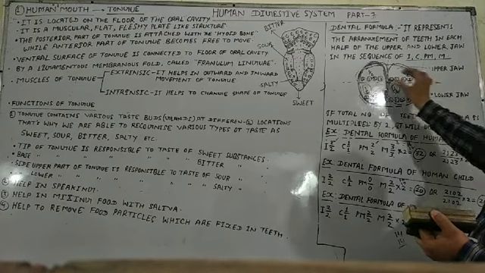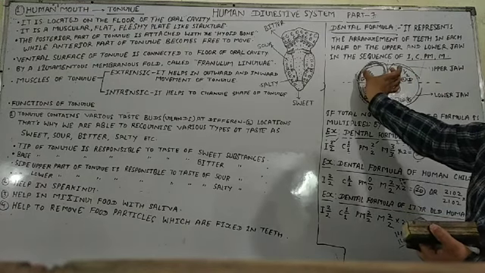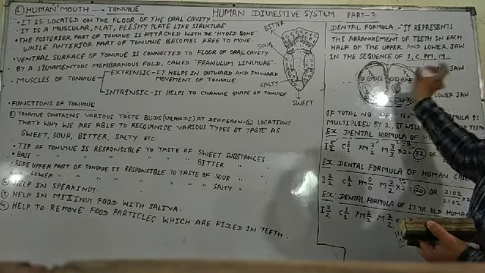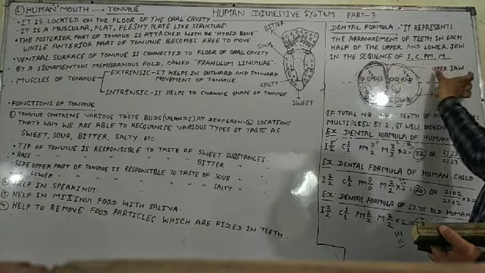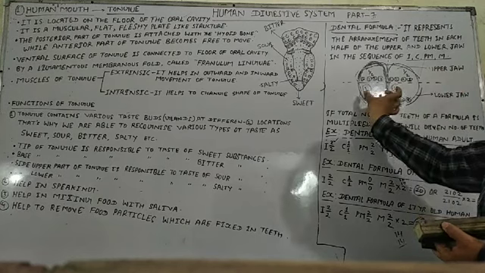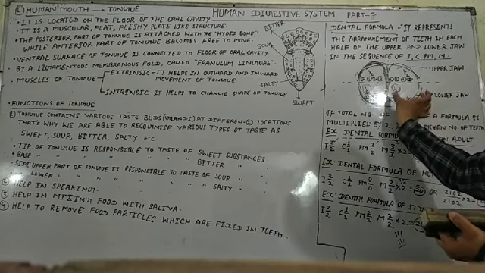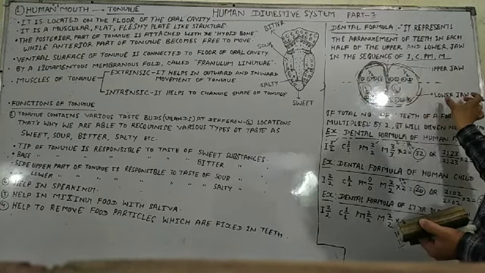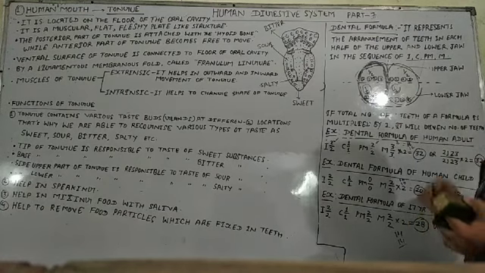So this portion is the half of upper jaw. This portion is the remaining half of upper jaw. This portion is the half of lower jaw, and this portion is the remaining half of lower jaw. Clear, students?